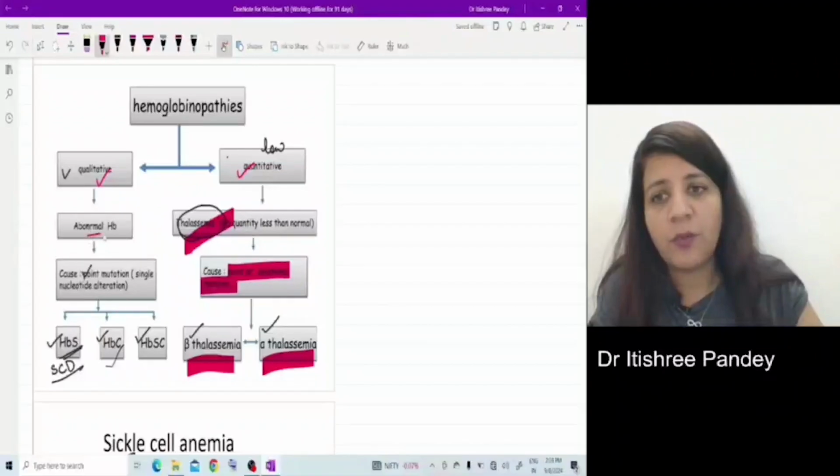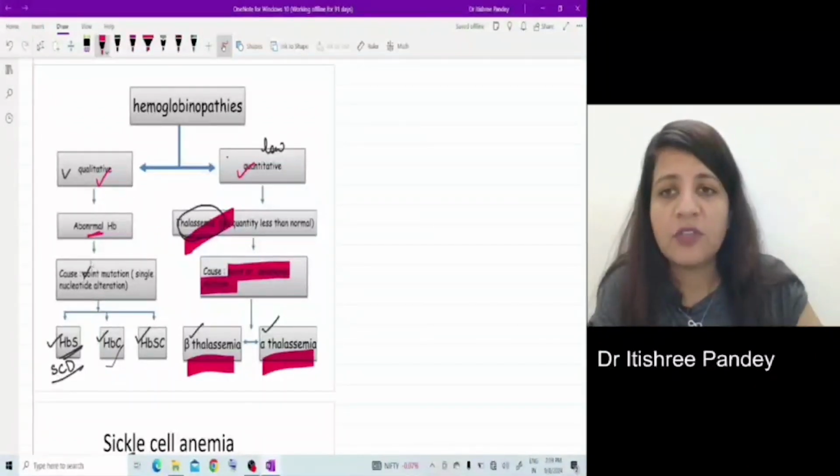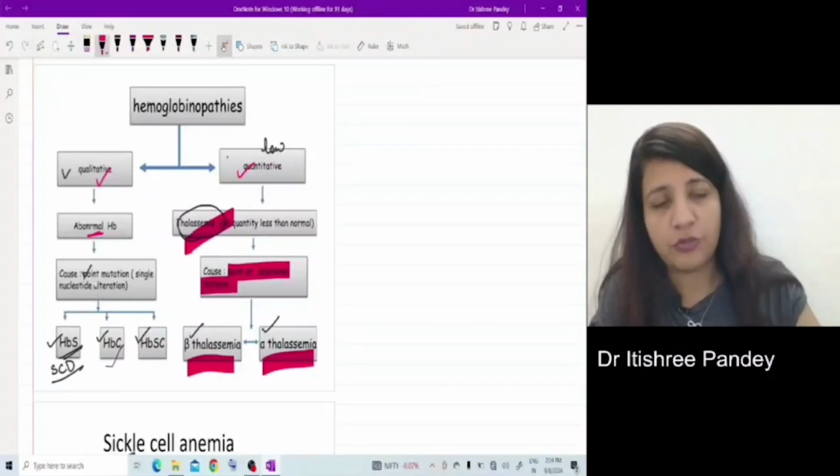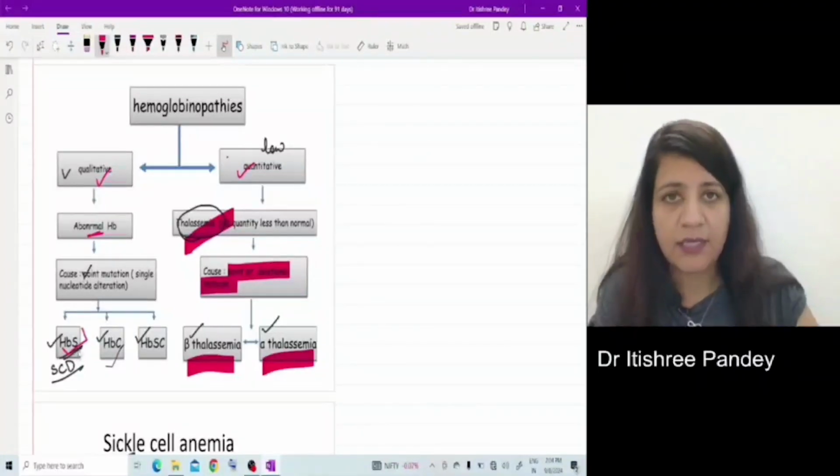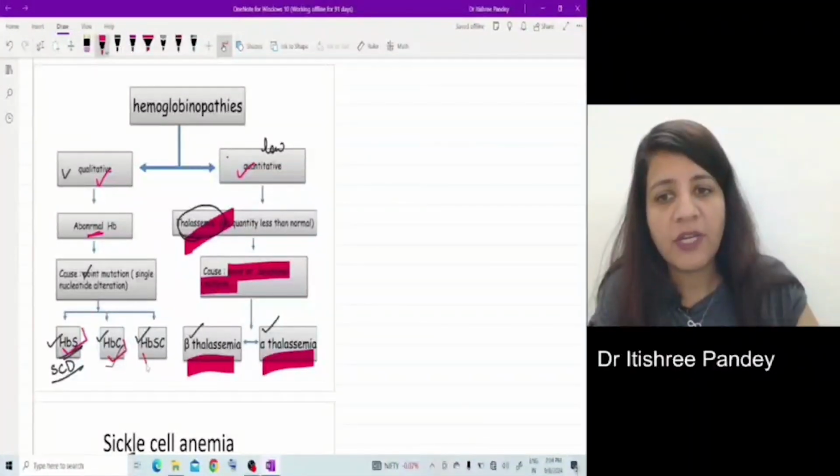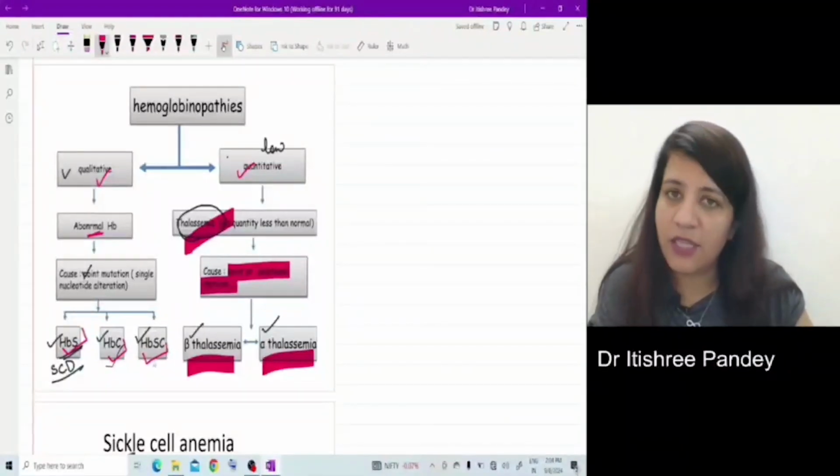This abnormal hemoglobin happens because of a point mutation or single nucleotide alteration, and examples of qualitative hemoglobinopathy are HbS, that is sickle cell disease, which we will discuss in detail, HbC, or a combination of HbS and C, that is HbSC.